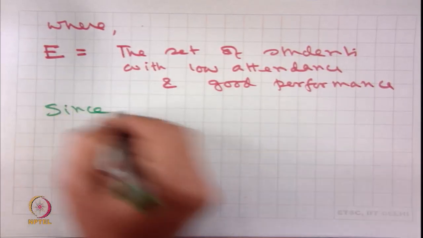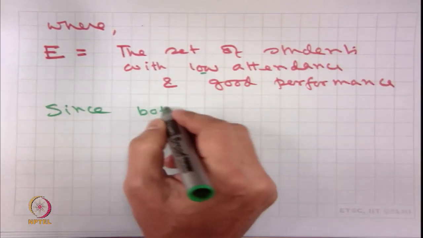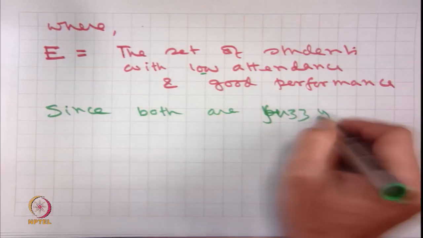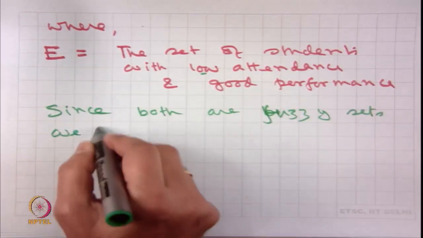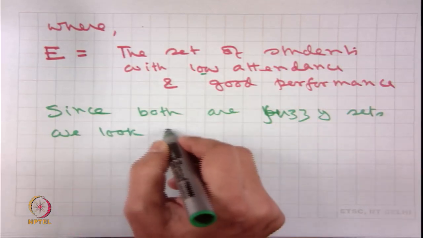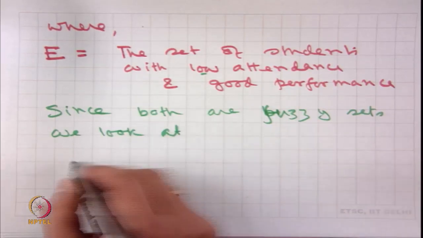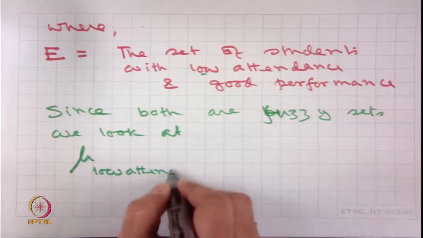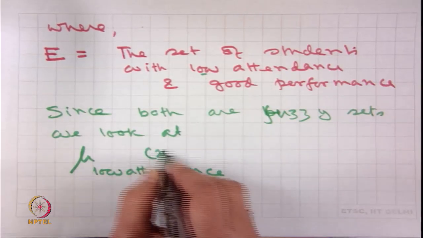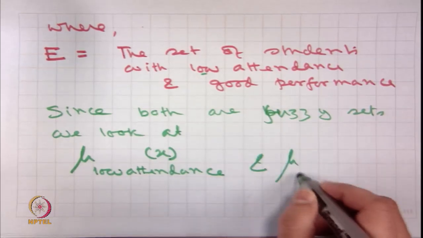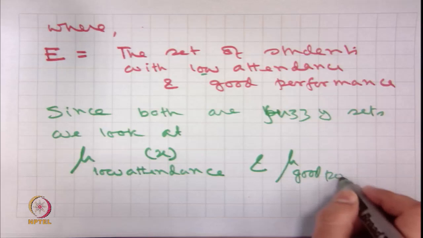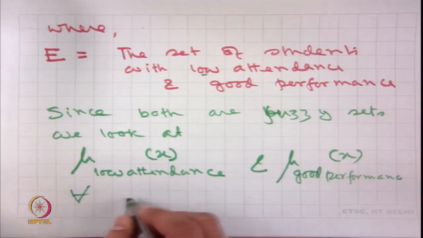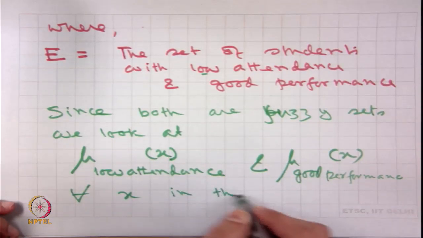since both are fuzzy sets, we look at mu low attendance of x and mu good performance of x for all x in the class.